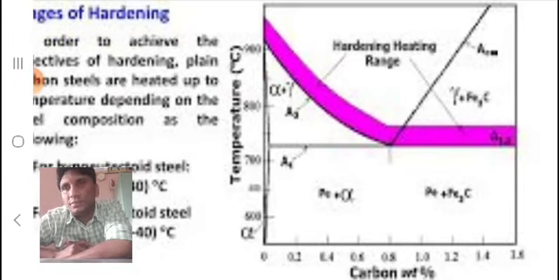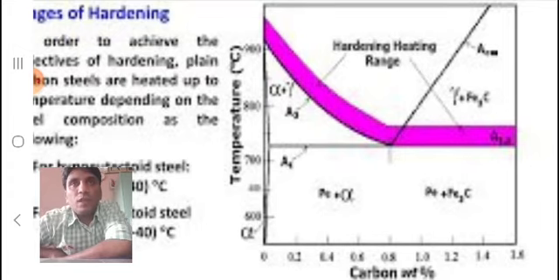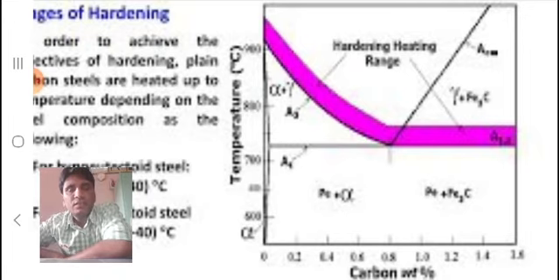So by doing this, we are not heating the steel two times, but maintaining the oil bath at 300 degrees centigrade is again a tough task.